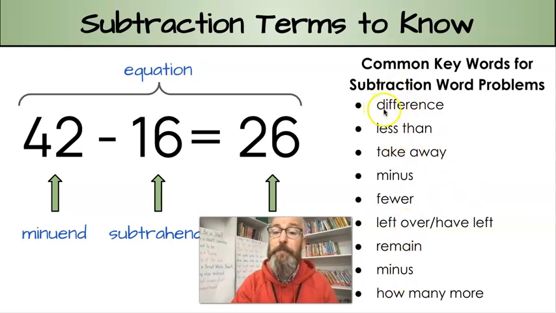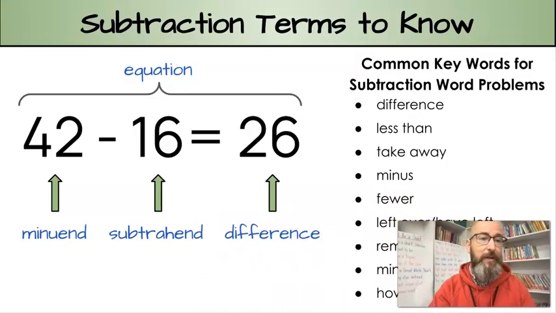Difference, less than, take away, minus, fewer, leftover, have left, sometimes just left, remain, how many more. Now, these aren't the only keywords that people use, but these are the ones that are used the most frequently. I want to make sure that we know those because that's going to help us know how to solve word problems.